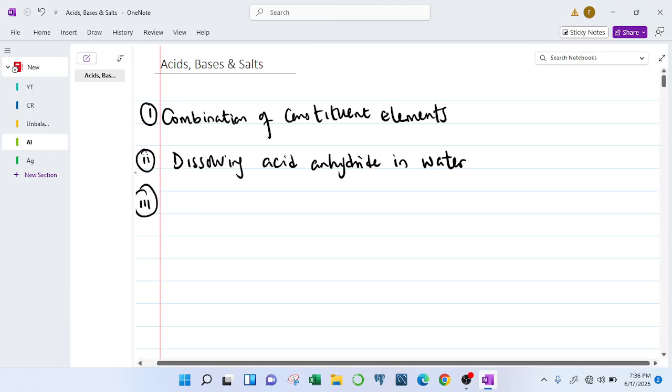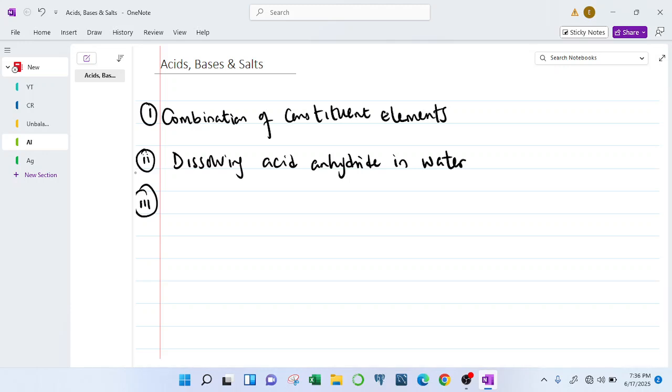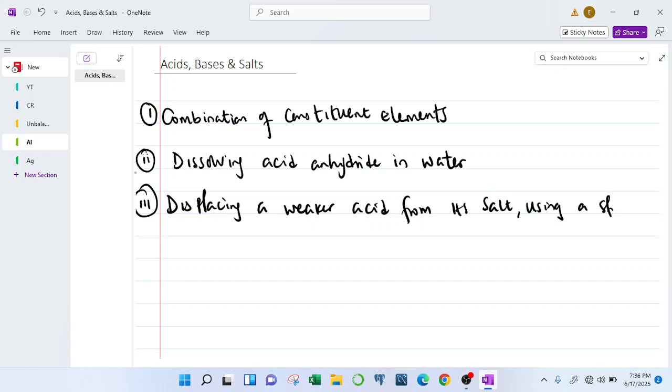And then for the third one, it's quite like a long story, but it's the same thing. Displacing a weaker acid from its salt using a stronger acid.